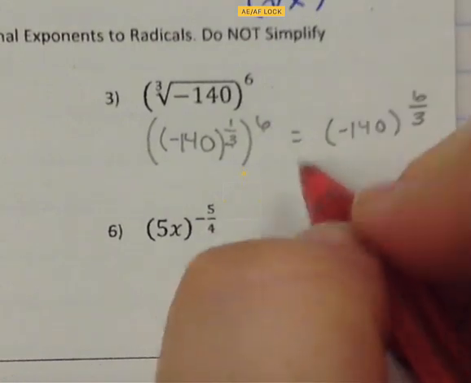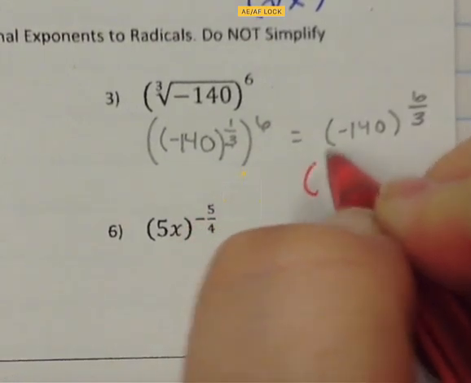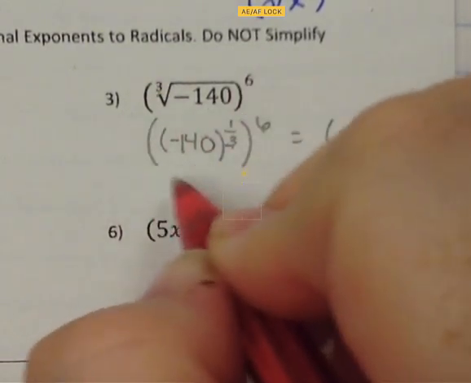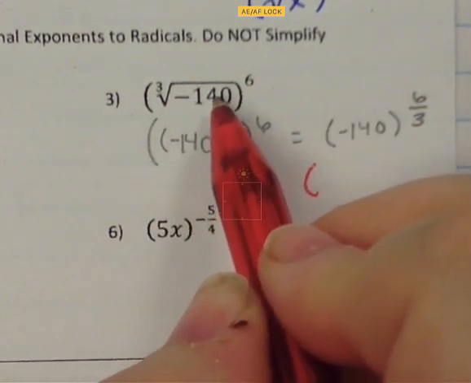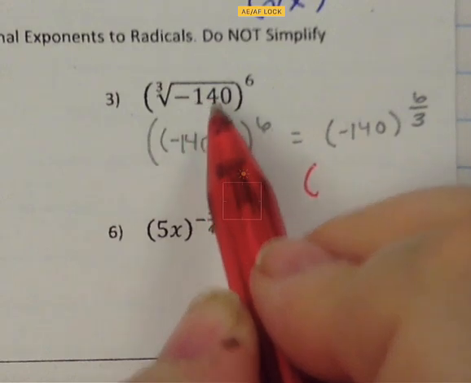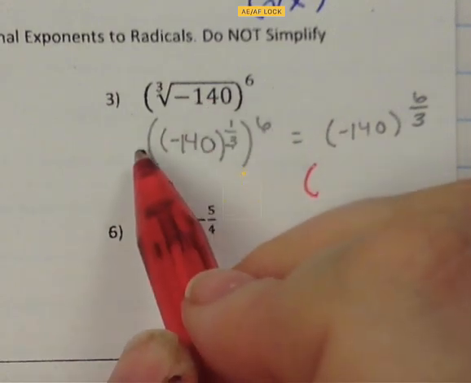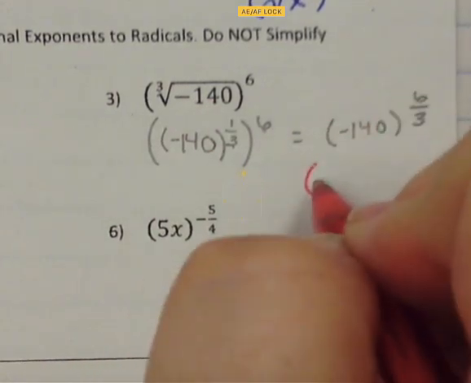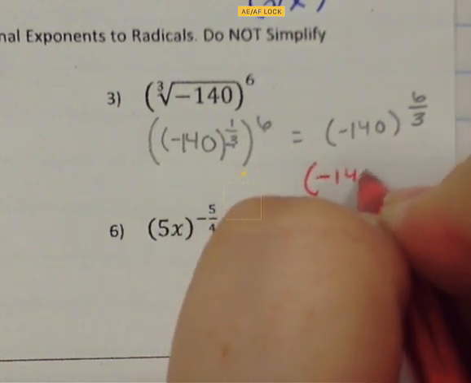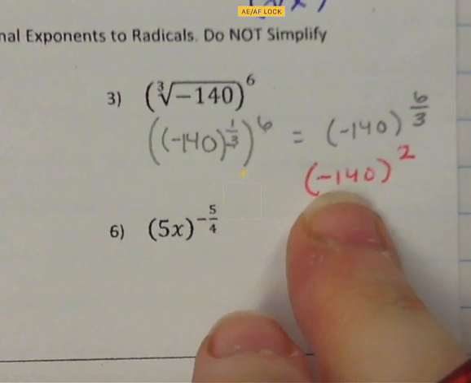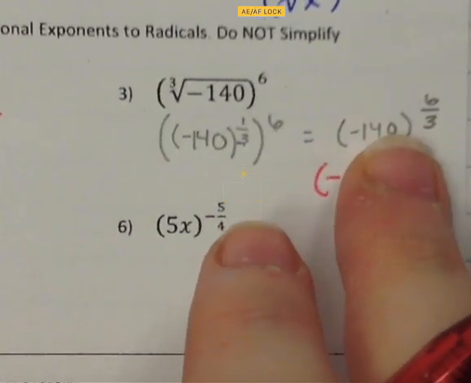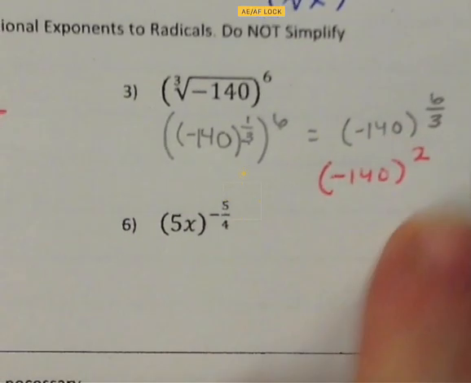This is in parentheses because this was in parentheses. You want to keep using parentheses, because the entire negative 140 is being raised to a power. If you're not careful, if you only raise the 140 and not the negative, you'll get a wrong answer. This is negative 140 raised to the power of 2. Now, I'm not asking you to simplify the value, but 6 over 3 can be simplified down to 2.